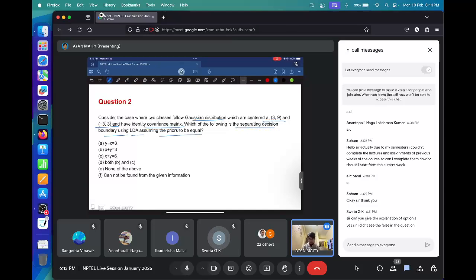So two classes are distributed by Gaussian distribution, the centers are (3, 9) and (-3, 3) for the two different classes, they have equal covariance matrices, and prior probabilities are also equal. You have to find the decision boundary.